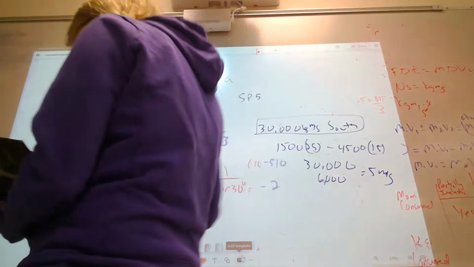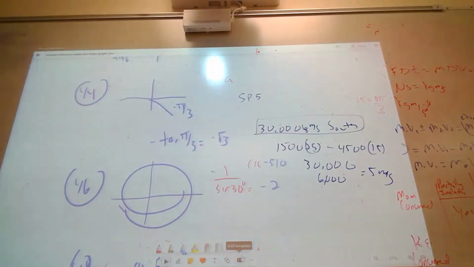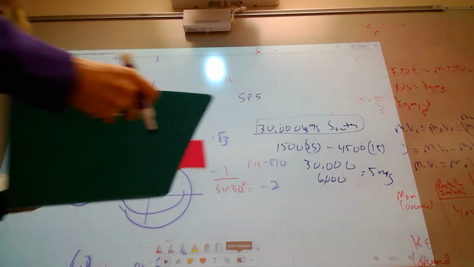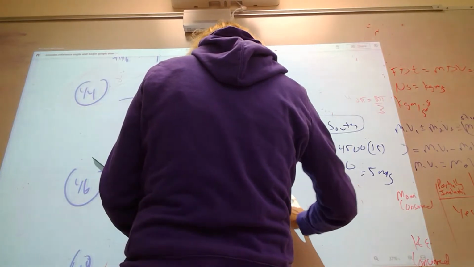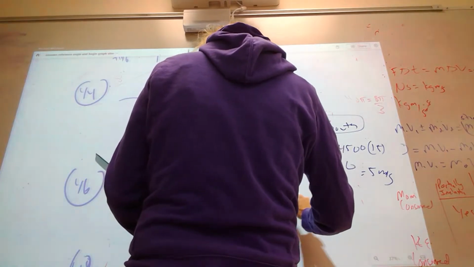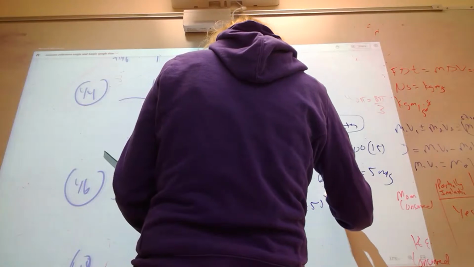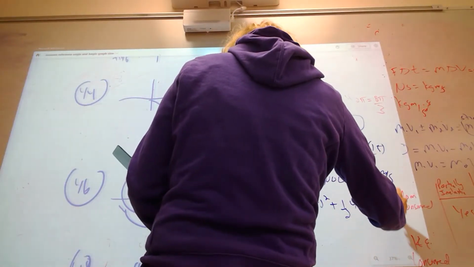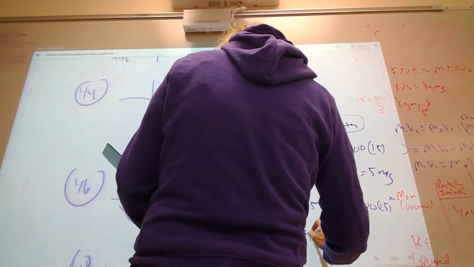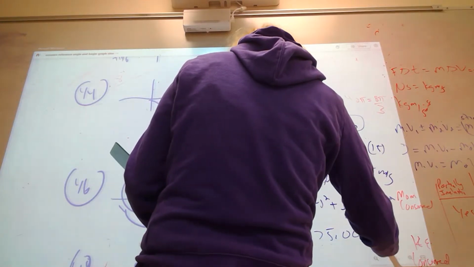What is the total kinetic energy before the collision? Now you need to know how to do that too for the test Monday. So you're adding them, you're not subtracting them, because with kinetic energy, we don't care about direction. So you have 1/2 times 1,500 times 25 squared plus 1/2 times 4,500 times 15 squared. You should get 975,000 joules.